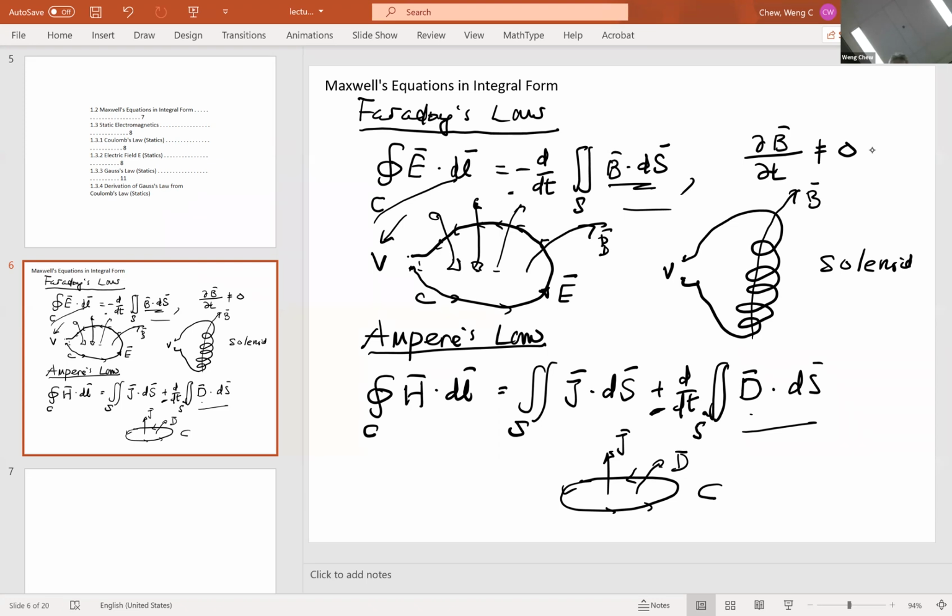Okay, that is Ampere's law. Ampere initially wrote this law without this term. He just wrote it with the first term, experimentally determined, and found that the first term is very important. It was Maxwell who came by and added the second term. The second term is called the displacement current term.